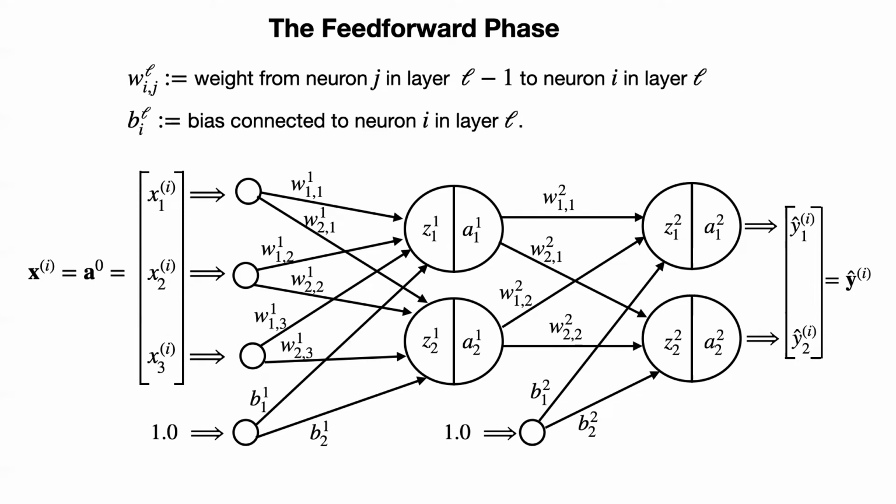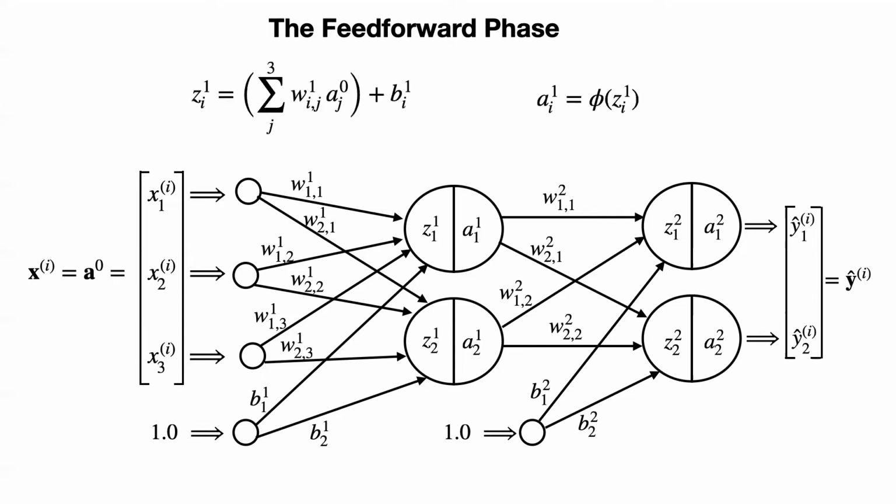Bias I is just the bias connected to node I in layer L. And notice that there's bias on each hidden layer. So the pre-activation is simply the weights connected to that node times the inputs along those weights plus the bias connected to that node.